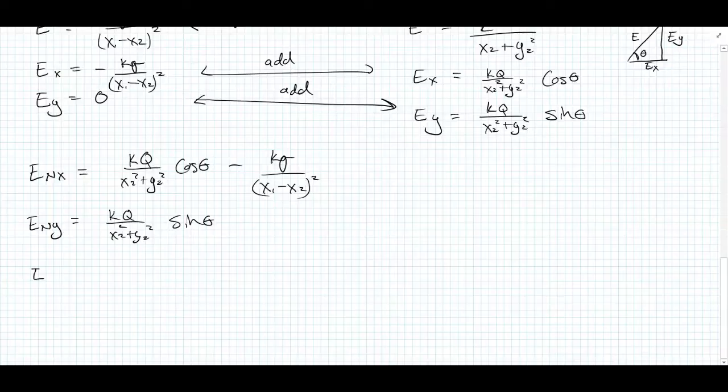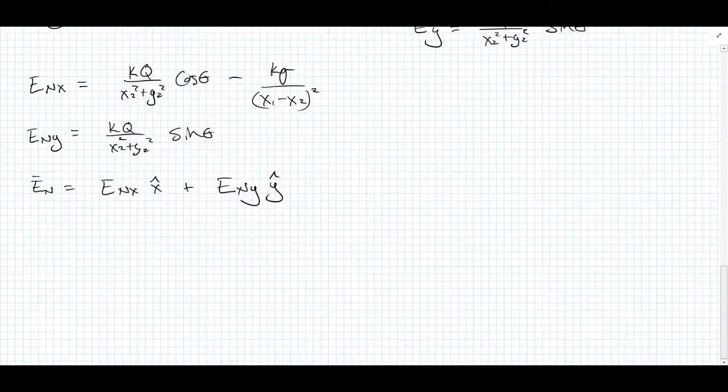I could write the vector that is the net electric field as the x component times x hat plus the y component times y hat. Now I need to figure out the angle and magnitude, or the direction and magnitude of this vector. So let's draw another picture to see what it is that we've got so far. This is the field that points towards the sphere.